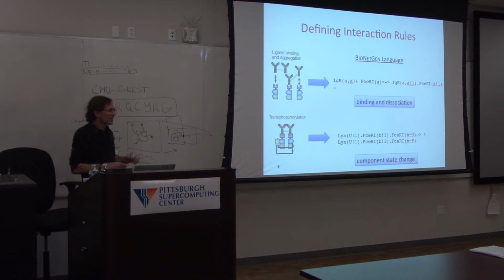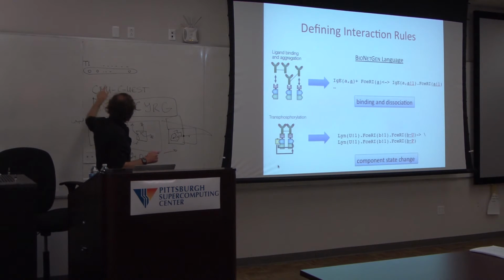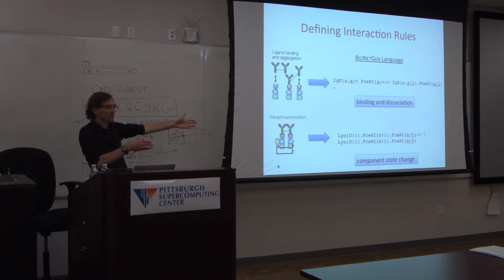Every T1 site of all of those different CAMK2s would be represented as a distinct component. Then phosphorylation would occur at one site, you'd write one rule for that, and you would have all of them. If you wanted to consider the possibility that phosphorylation of one affects the phosphorylation of the other, you would have one rule for the pair, and so forth.